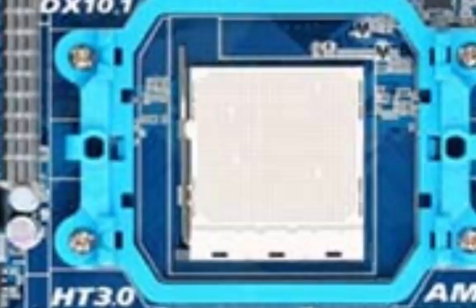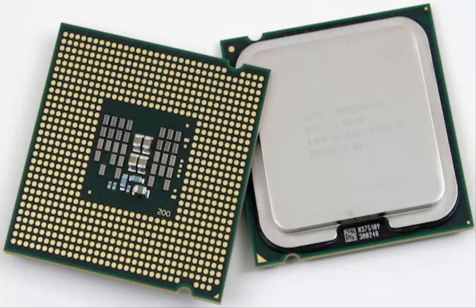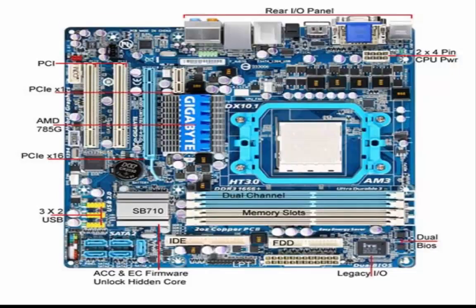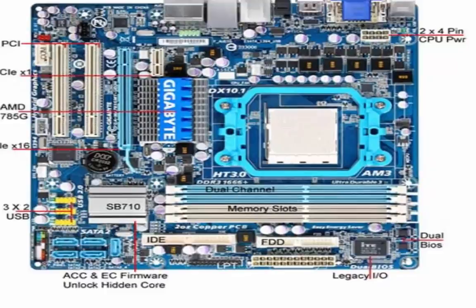Basically a CPU is just maybe 2 inches wide. That is actually an Intel CPU which goes into that square port which we have seen on the motherboard. So that is called the CPU slot.